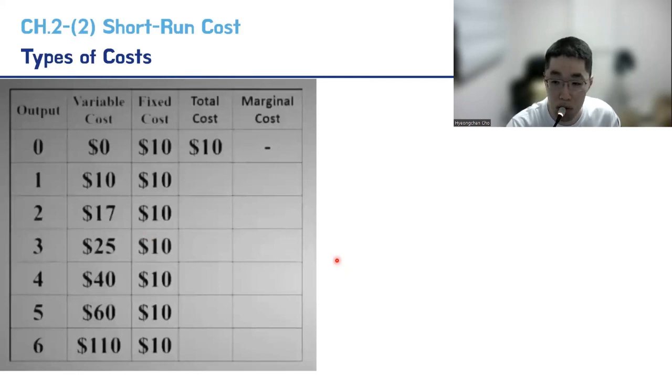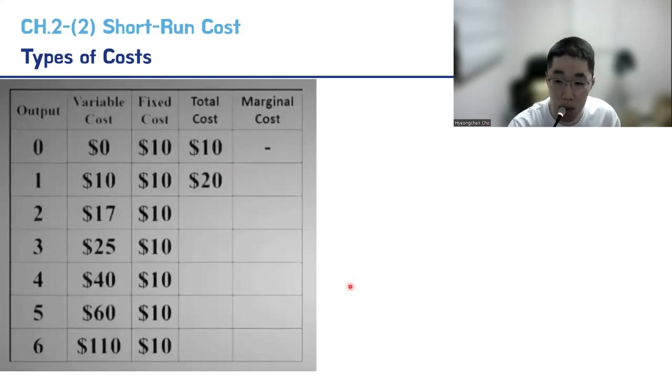And the total cost is the variable plus fixed cost. Okay? The variable cost plus fixed cost is the same as the total cost. So when you produce nothing, you still have a total cost of $10 because the variable cost is 0 and the fixed cost is $10. For the calculation, the sum of these two, the total cost will be $10, right?